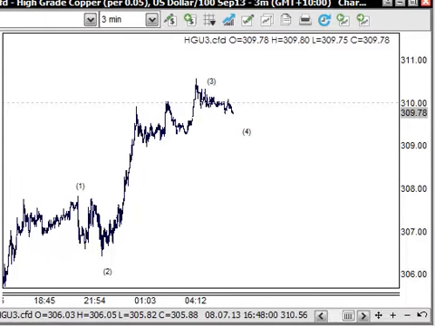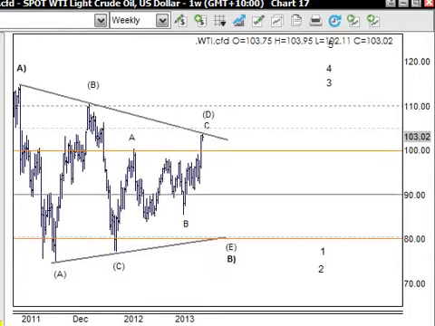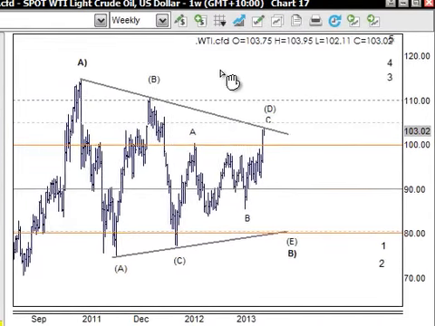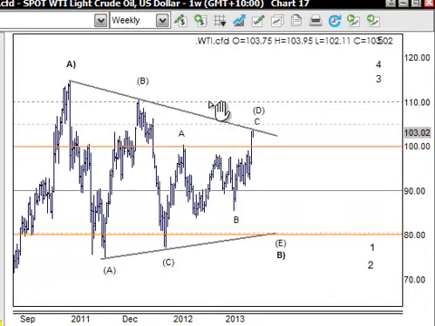Okay, so oil. This is just the weekly chart, so we can have a chat about this while we're here. What we've been looking for is this large triangle pattern, and this triangle pattern, if correct, should move up, because we're looking for a 5-wave structure up through here, and should take us to the 105.